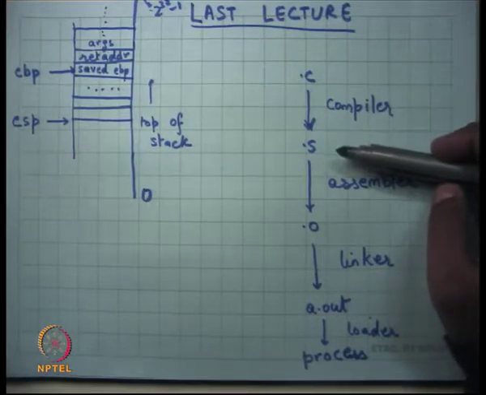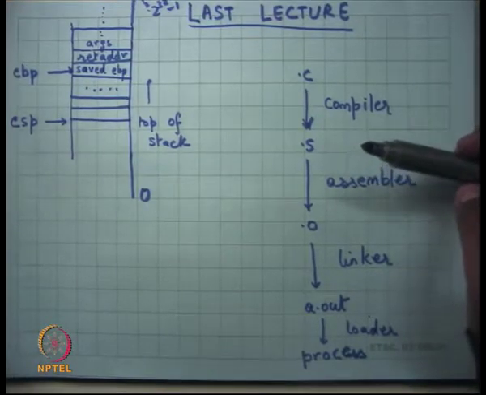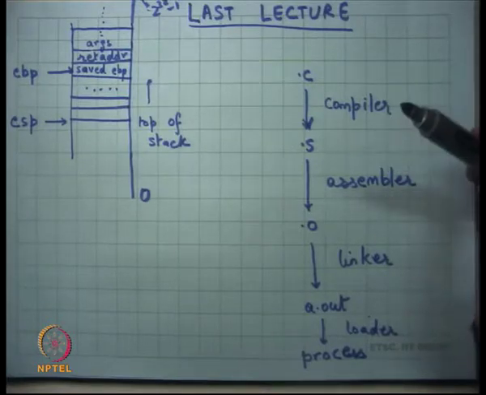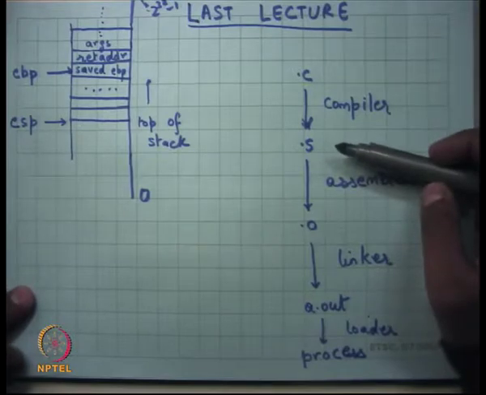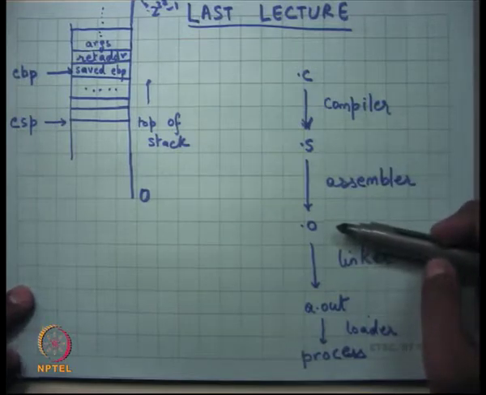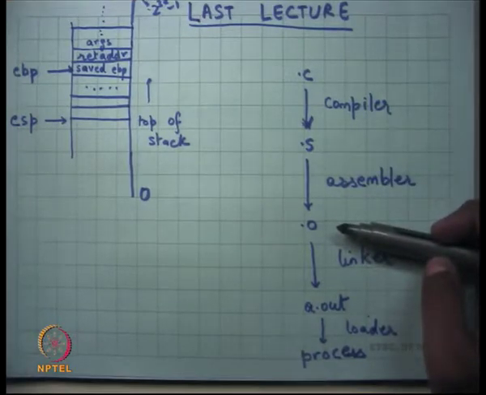It's an assembly file which has all the instructions in assembly syntax, which is just a human readable representation of machine instructions. An assembler converts this human readable representation into a machine readable one, the actual binary format which a machine can read when it executes.